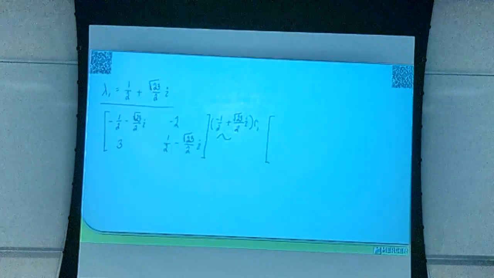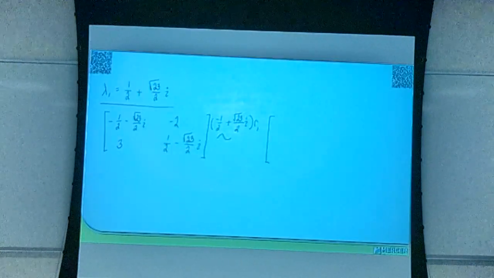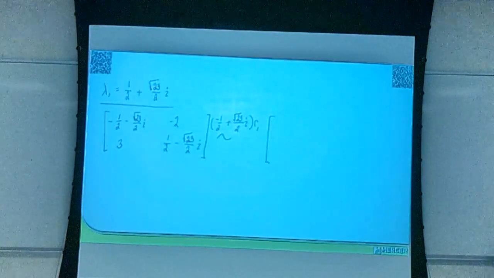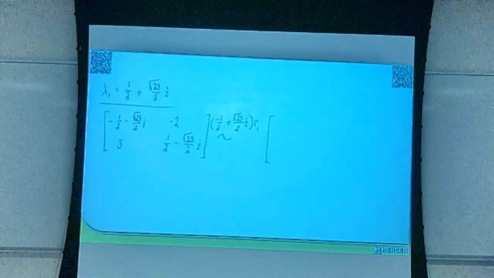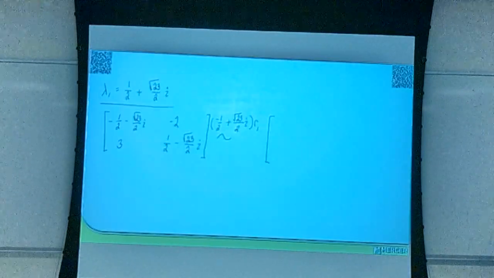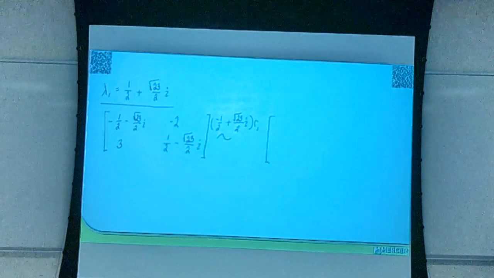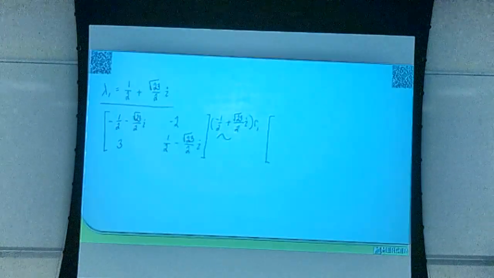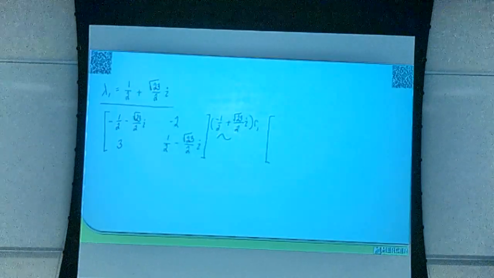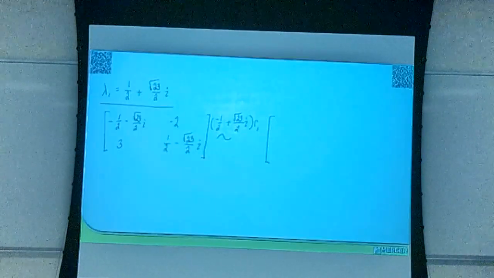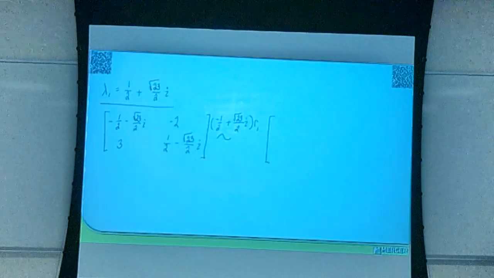Because the difference is squared. So what's negative a half squared? A quarter. Then it's minus root 23 over 2 i squared. Which is what? 23 over 4 i squared. Or what's i squared?